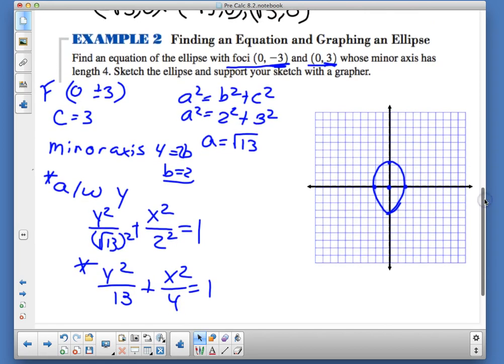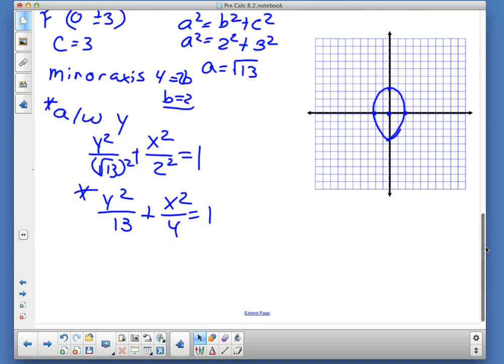Find an equation, found it, whose minor axis is length 4. Sketch the ellipse and support your sketch with a grapher. Now, here's the thing about supporting with a grapher. An ellipse is not a function, because it fails the vertical line test. And it's also not one-to-one because it also fails the horizontal line test. We have to make it work for us in our grapher.